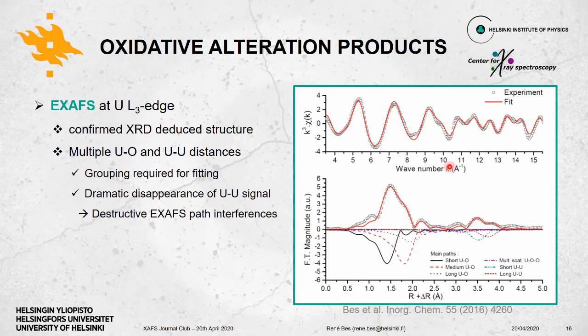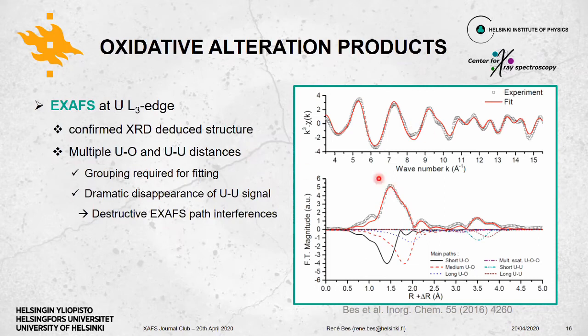But we have some problems, as discussed a few weeks ago in a presentation in this group meeting, with the fact that we have multiple uranium-oxygen and uranium-uranium distances. So we need to group them to achieve a fitting using minimum fitting parameters.